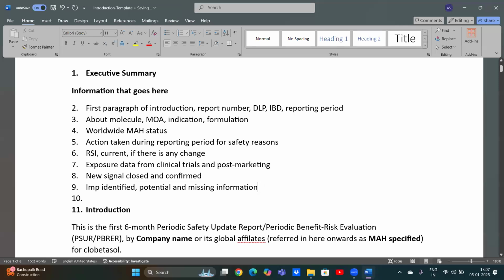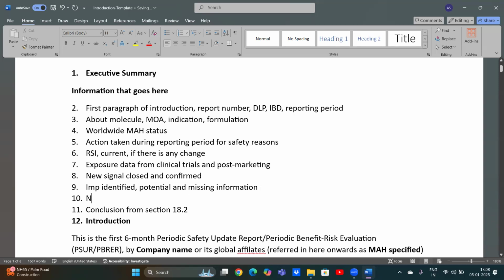Important benefit risk analysis section. You will present the conclusion from there. You will take the important identified risks you have presented and present the conclusion from section 18.2. If there is any new benefit information in 17.2, you can present it here.